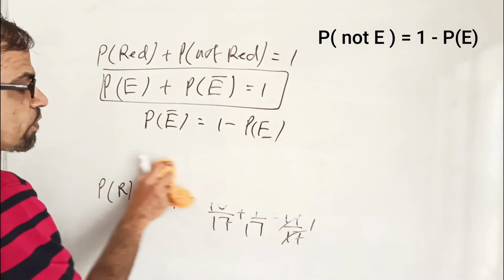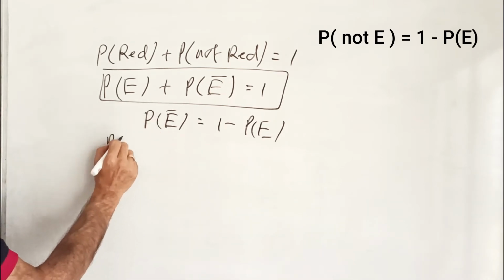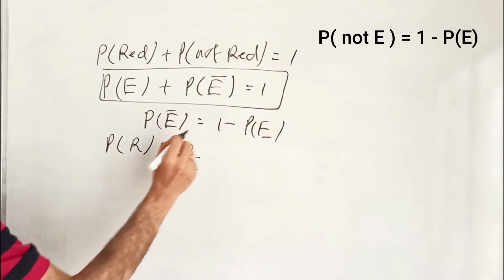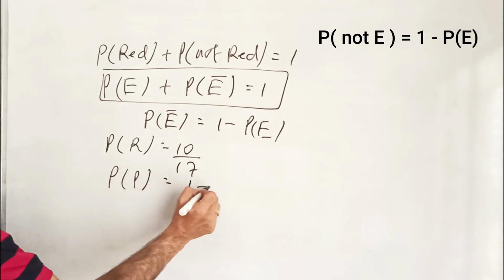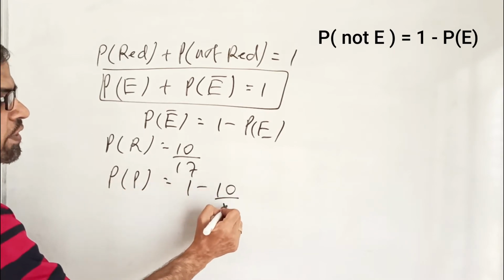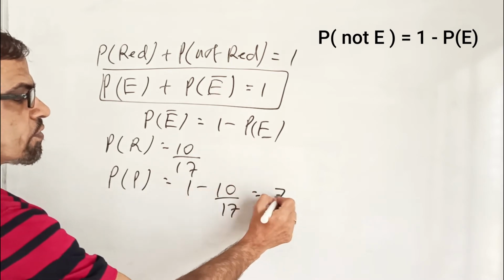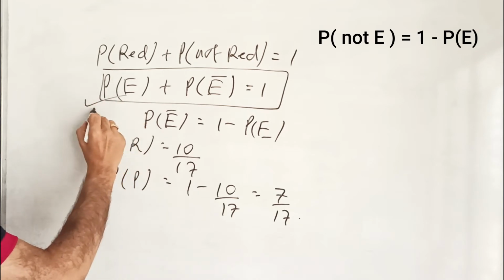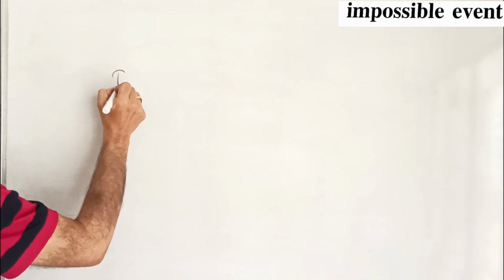Suppose you calculated the probability of the red ball, that is 10 upon 17. Then directly you can write the probability of the pink ball is equal to 1 minus 10 upon 17, so that will be 17 minus 10, 7 upon 17. So this is a very useful equation. You have to learn this one. Remember this one. Now our next important term is impossible event.